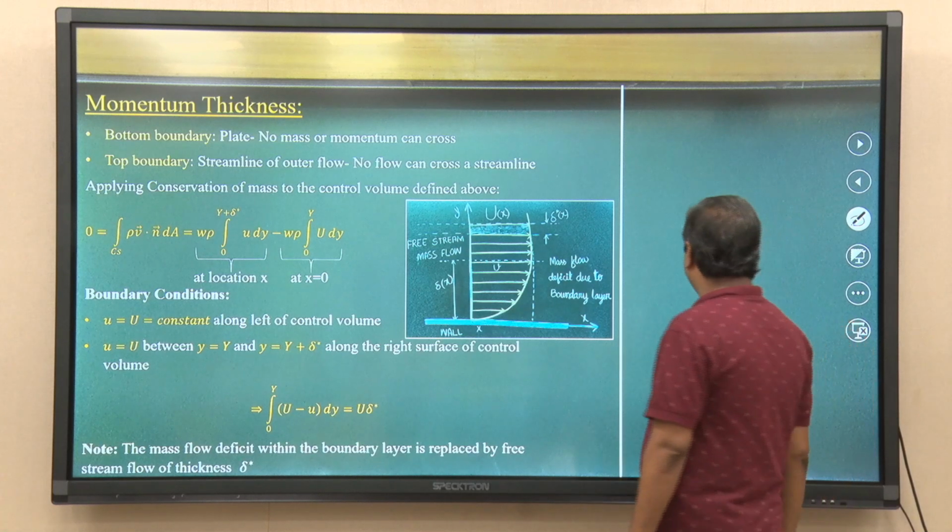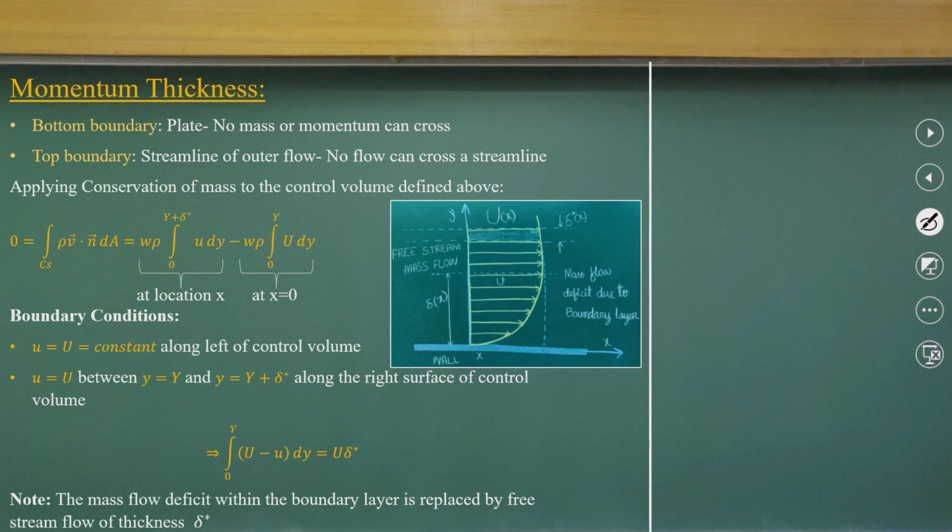So let me sketch the problem. If you look at it, the same thing I am defining here, this is the boundary layer thickness. I am taking this as my control volume. That is what I said at the very beginning, this is my control volume.